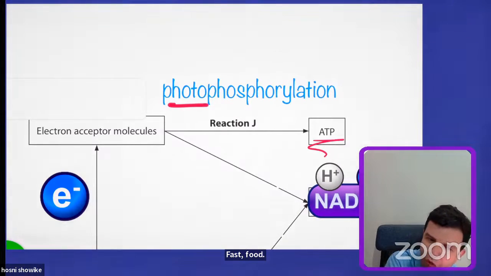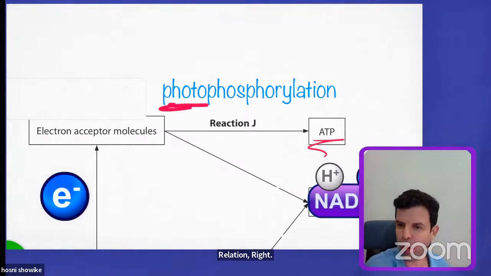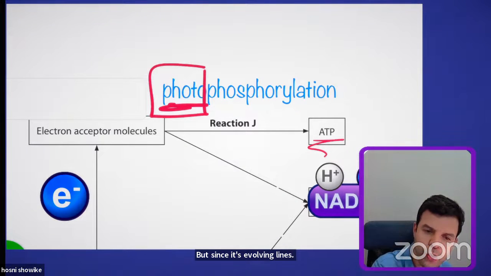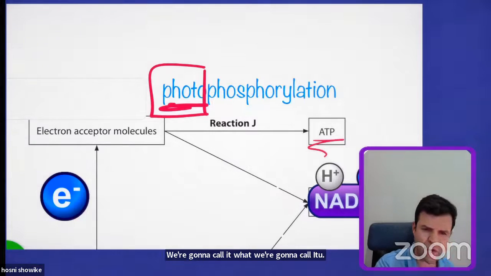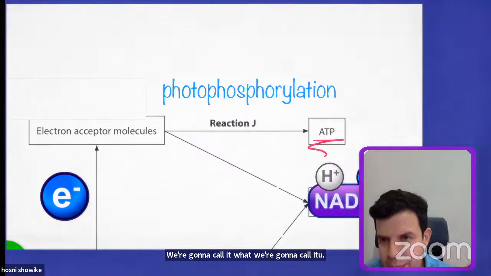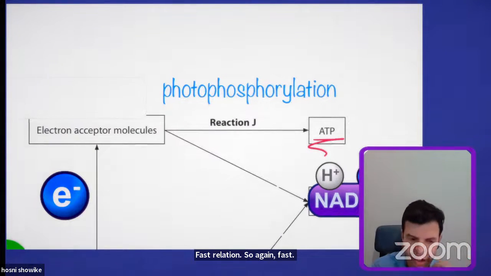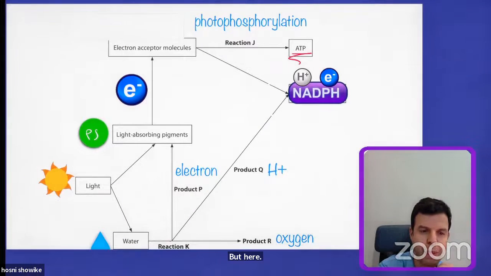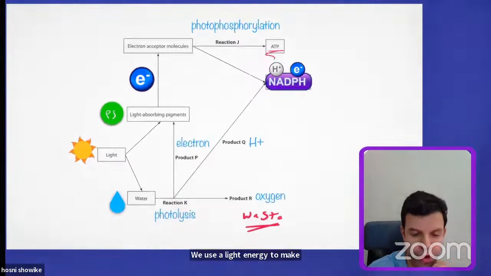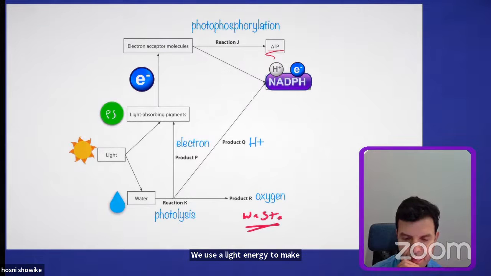But since it's involving light, we're going to call it photophosphorylation. So again, in phosphorylation you make ATP normally, but here we use light energy to make ATP, so we're going to call that photophosphorylation. All right?